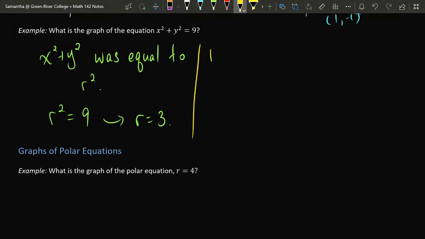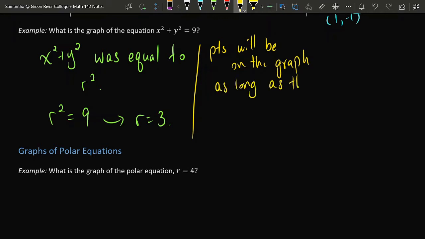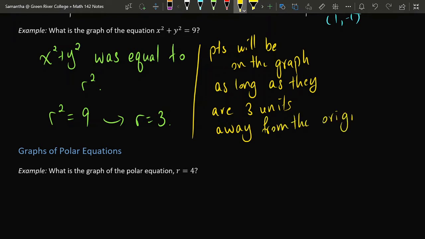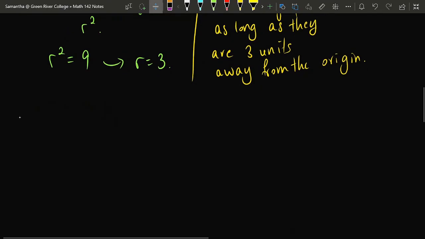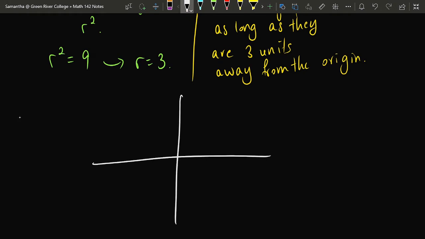So points will be on the graph as long as they are exactly 3 units away from the origin. So let's sketch some points which satisfy the condition that they're 3 units away from the origin.